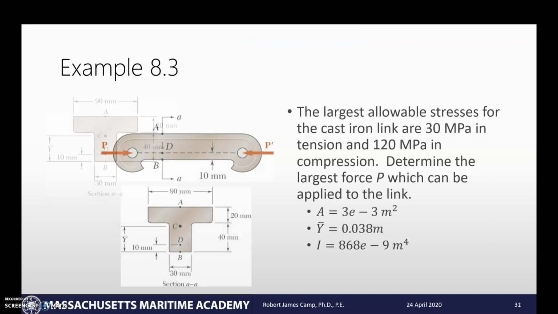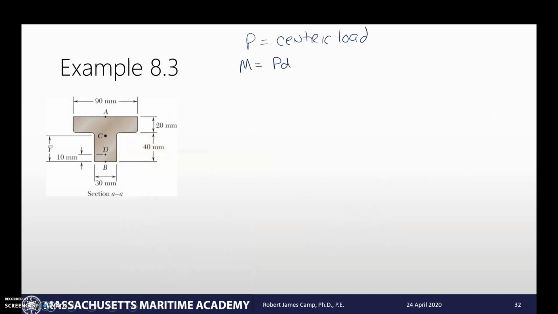Let me bring it back to the other one here. We're applying the load right along d. As we can see here, the load is applied 10 millimeters off of the base of our cross-section, and our centroid is here at y bar, at C. So we need to calculate d. d is going to be the distance to that centroid, which is given in the problem as 0.038 meter, and then we subtract from that the 10 millimeters where we're applying the load.